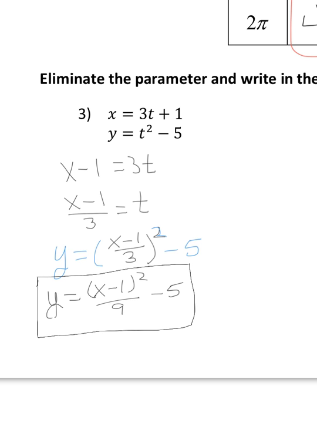Because the main thing I want you to be able to do is convert from a parametric equation into a rectangular equation, which is what we get right here. And as far as simplifying this further, we could do that, but to save time, we're just going to leave it in this form right here. All right, let's take a look at the next problem.